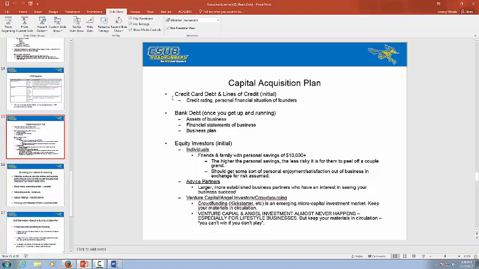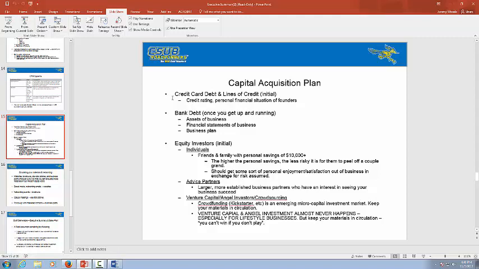The only thing you need to be able to have access to that is a relatively good personal credit rating. So that's the first source of cash for most businesses: using a credit card or line of credit.